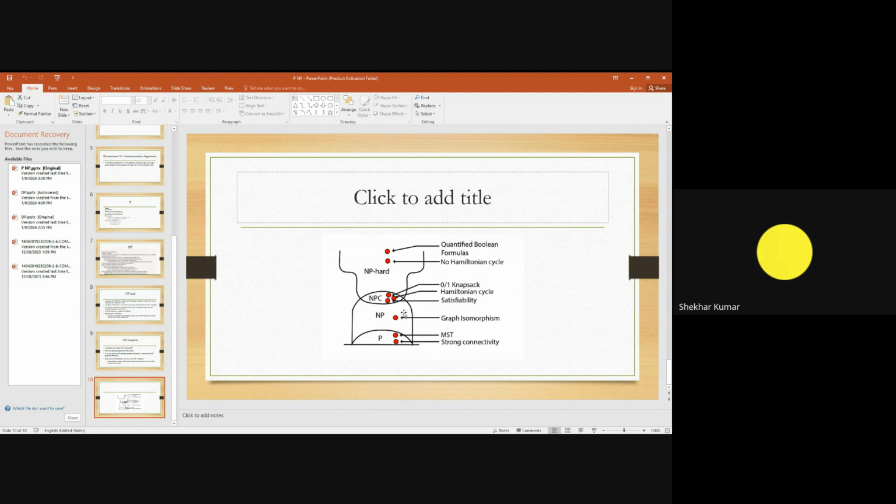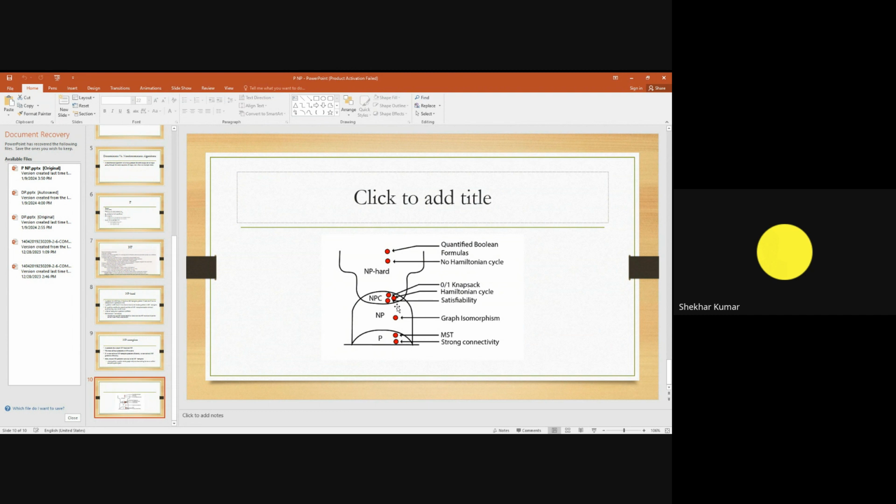NP hard problems, the hardest in NP, are not NP, because it takes a lot of time to verify them. A problem that is both in NP hard and NP is called your NP complete, NPC problem.